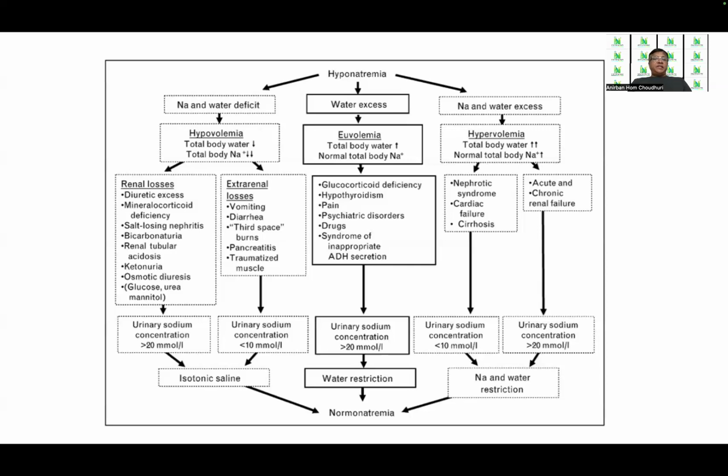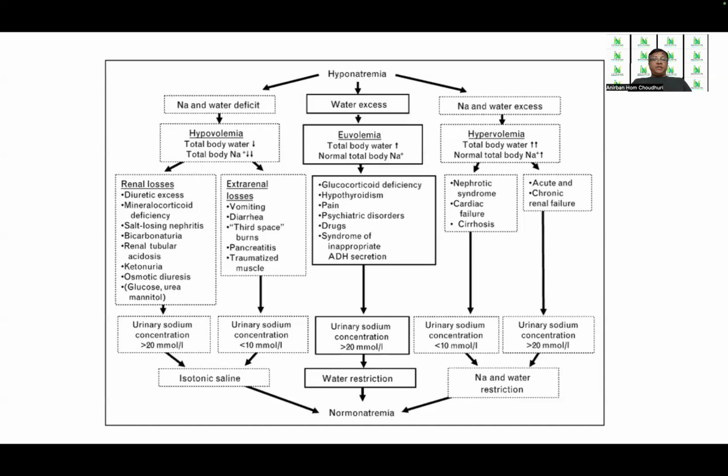There are both renal and extrarenal causes which contribute to hypovolemia and hyponatremia, and they can be easily separated following simple investigations. However, at times it is difficult to distinguish patients who are euvolemic.